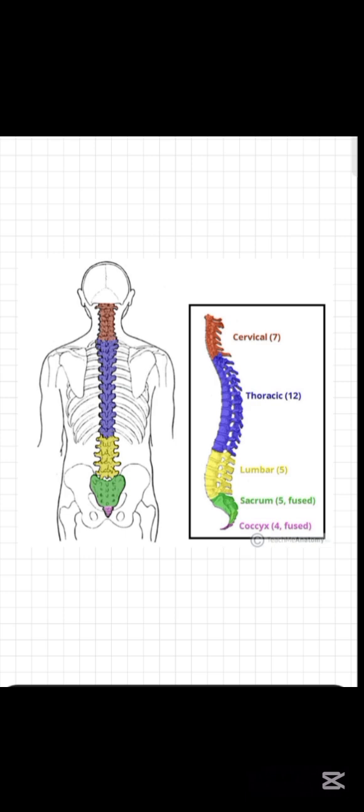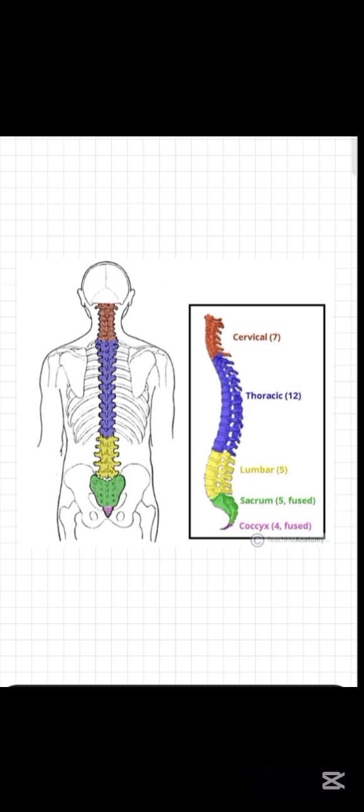The lumbar region is supporting the kidneys, which are present at the backside, just next to the lumbar vertebrae. And the last two segments are sacrum and coccyx. You can see the sacrum is fused and the coccyx is also fused, while the first three regions have individual vertebrae that are not directly fused to each other.